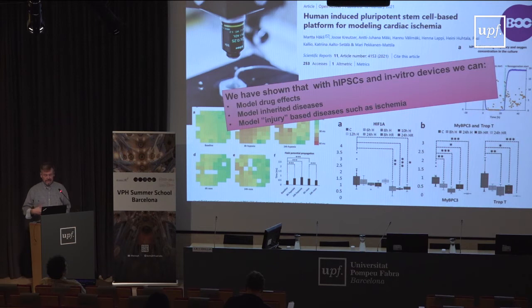So in principle, we have shown that we can have these patient cells. We can model diseases, whether the disease is inherited or it's from, let's say, the environment, like ischemia. And we can have drug effects. So in a way, we have a modeling platform for many cardiac diseases in vitro.